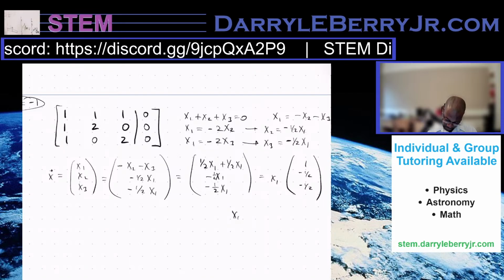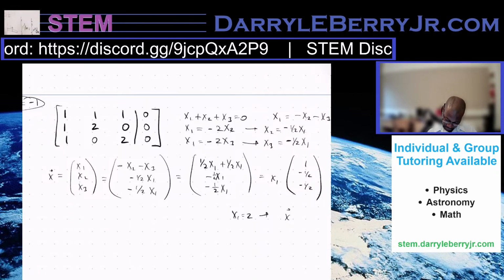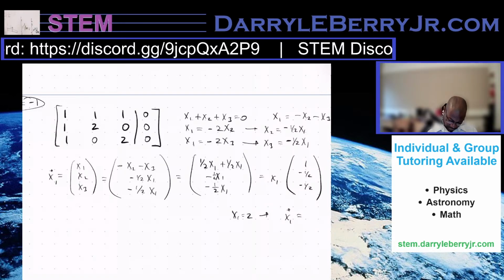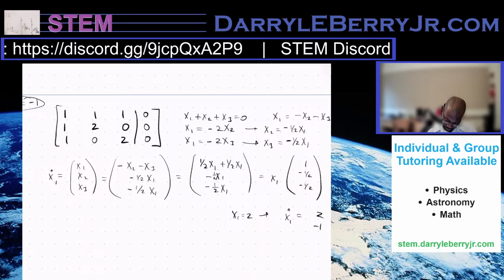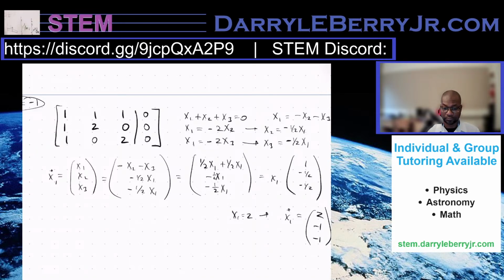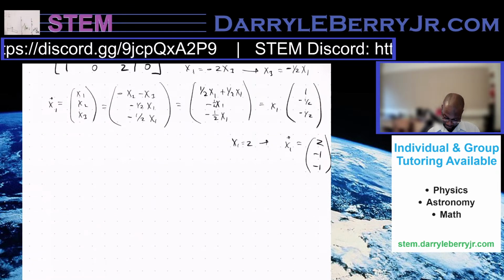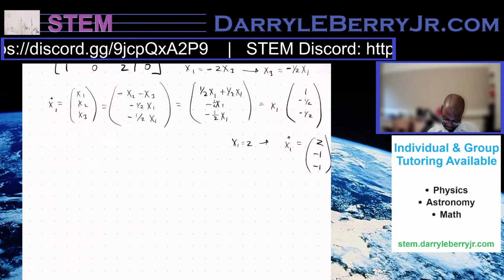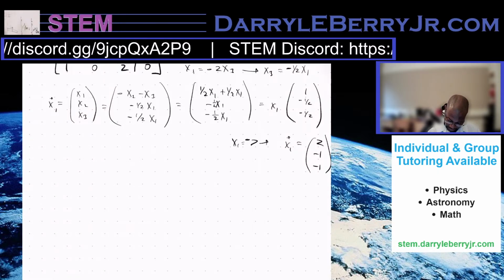So if x1 equals 2, x1 equals 2, negative 1, negative 1. So the book got the same vector, but their negatives is different. So to keep it like the book has it, I'll say x1 is negative 2.